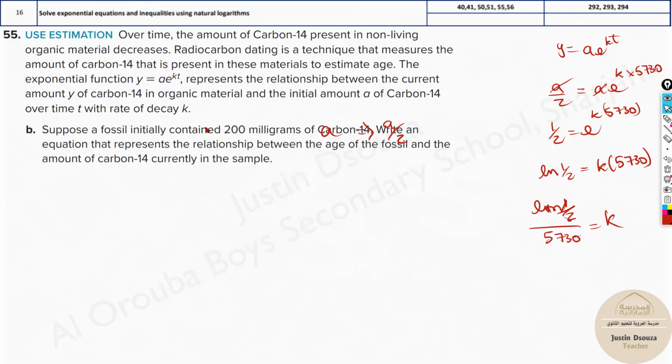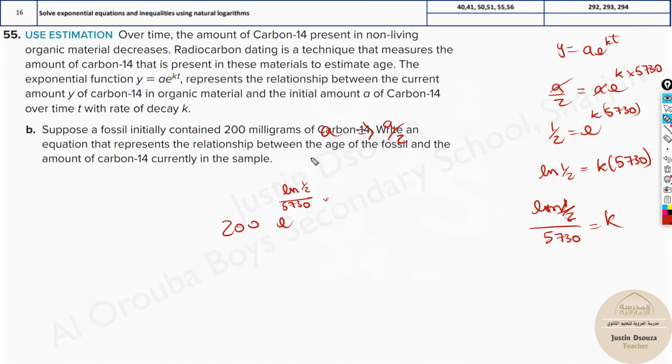Suppose a fossil initially contained 200 milligrams of carbon 14. Write an equation to represent the relationship between the age of the fossil and the amount of carbon 14 currently in the sample. Now, initially, some fossil which had 200 milligrams. Now we know all the other data. I'll write e, and the k value is known, ln(1/2) divided by 5730.